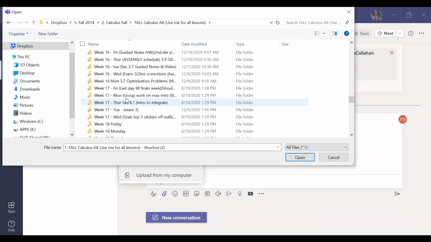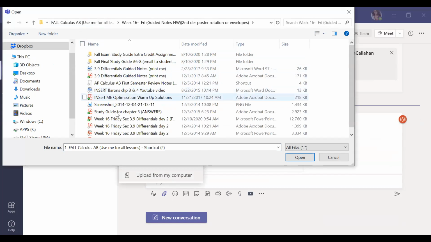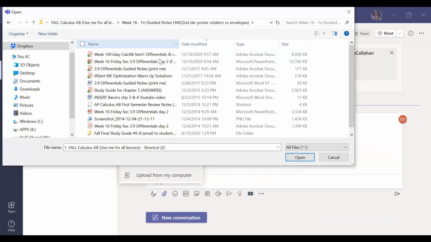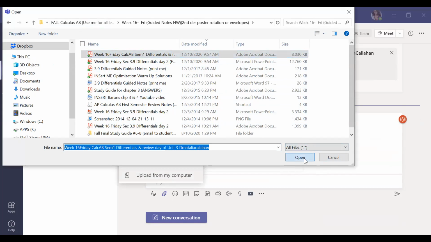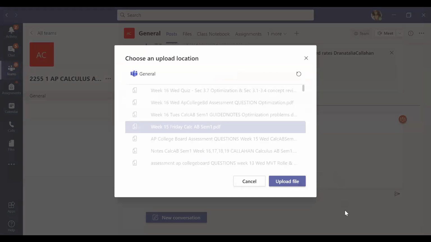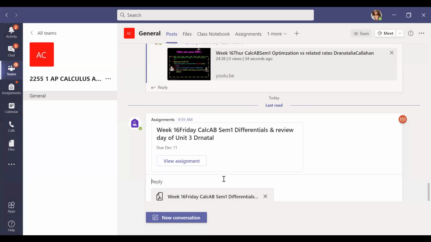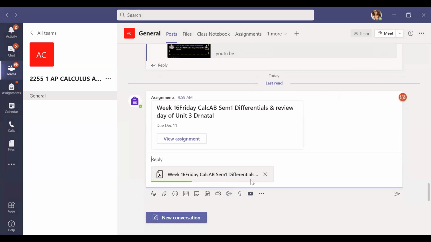Week 16 Friday. And attach. Here we go. It's getting there. It's taking a little bit of time, but that's okay.